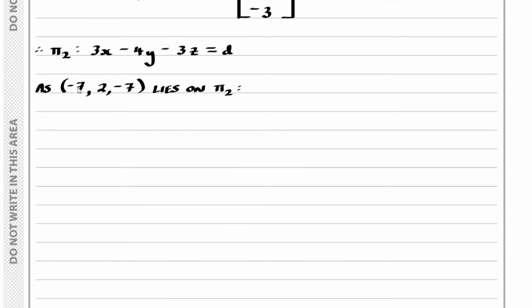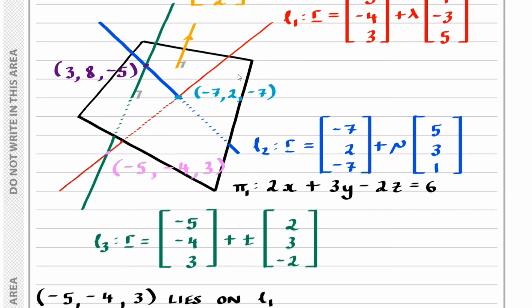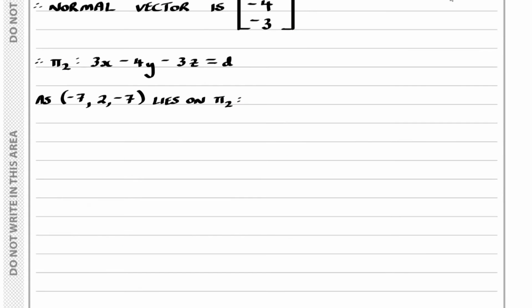Now the point -7, 2, -7 would lie in pi 2. The reason for that is, well, if we go back to the question, we know that the plane pi 2 contains the line L1 and L2, and -7, 2, -7 satisfies L1 and L2, which is why -7, 2, -7 lies on pi 2.